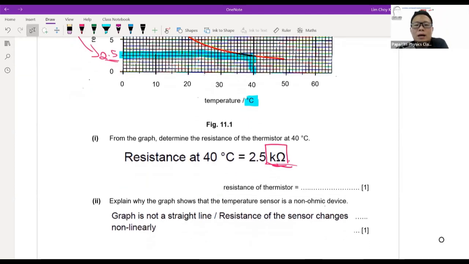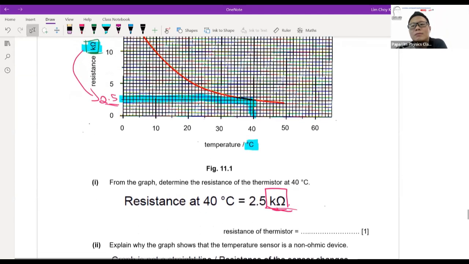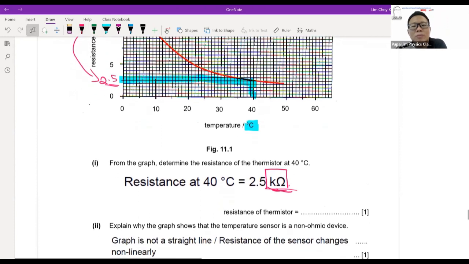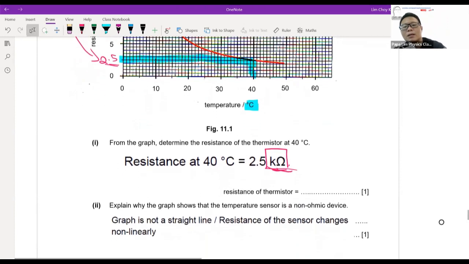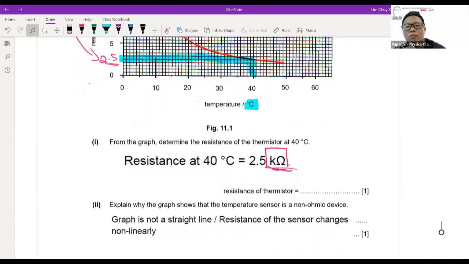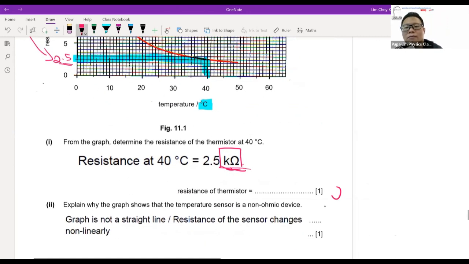Now, ohmic. How do I know that the item is not ohmic? What do you understand by ohmic? You have to remember that when we say a device is ohmic, one of the most obvious characteristics of ohmic conductors is that the resistance is constant.